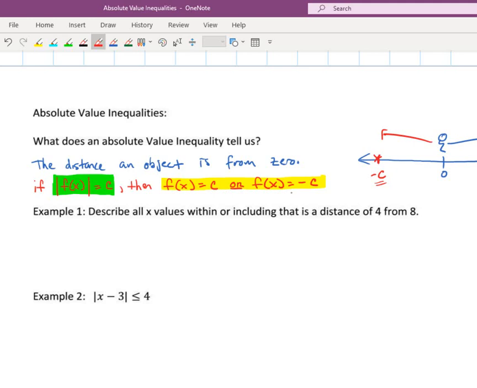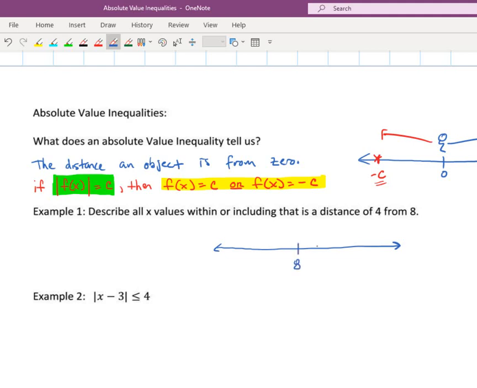Okay. Now, it says describe all x values within or including that is a distance of 4 from 8. Well, think about that. A distance of 4 from 8. So let's say 8 is right there.